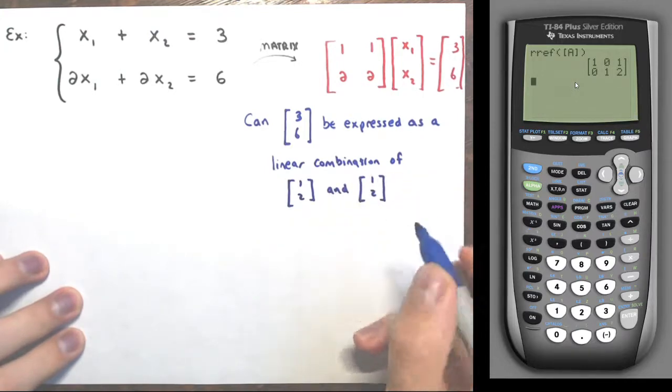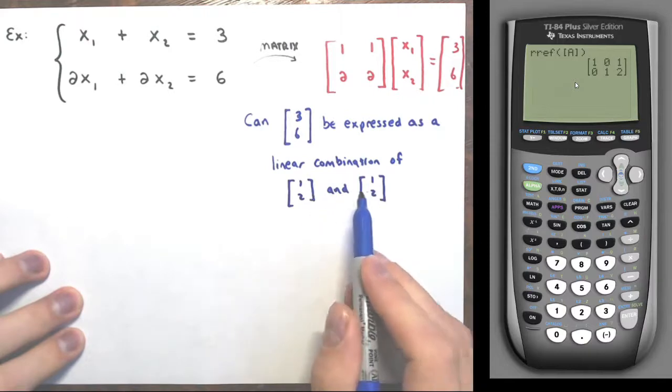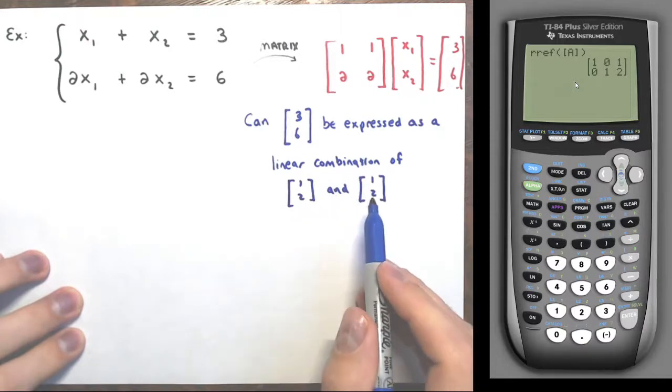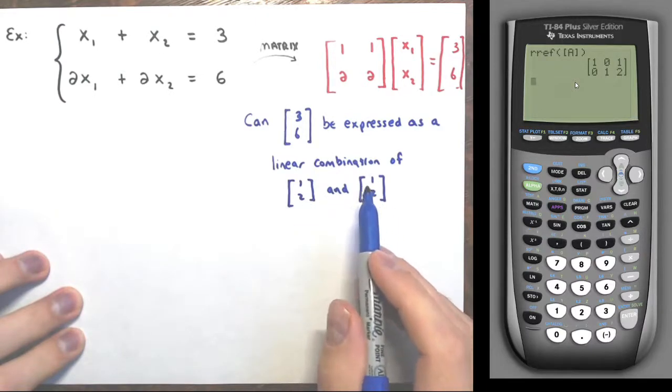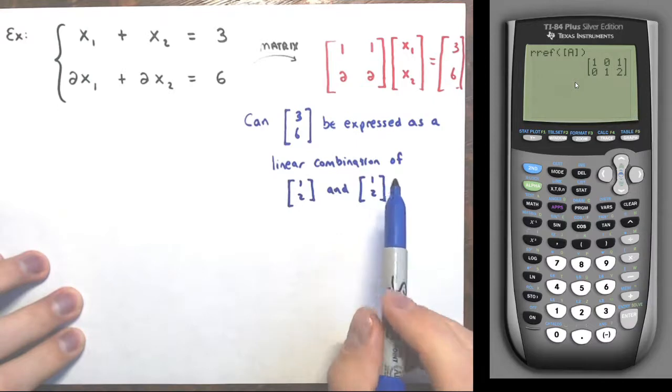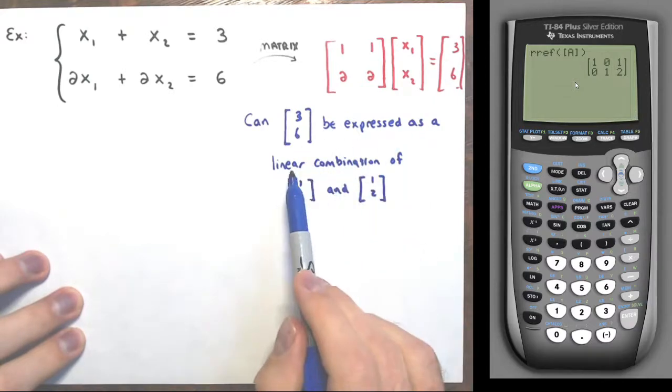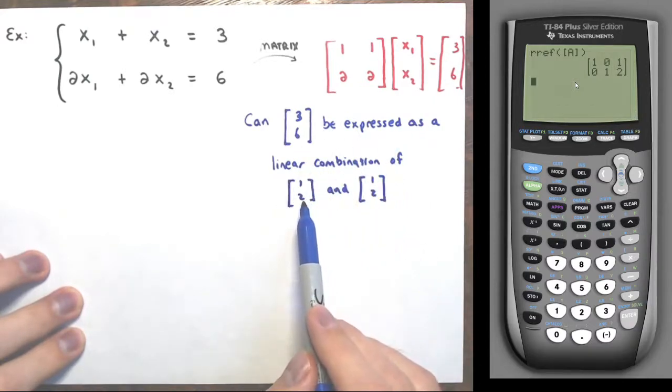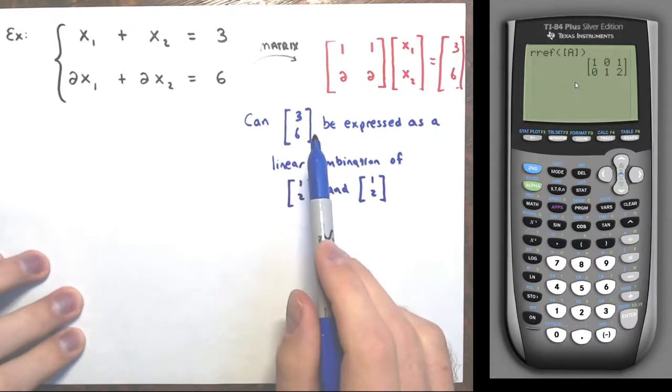Now I know you're thinking, hey, these are the same thing, so it's kind of silly to say both. Because if they're the same vector, really, you don't need to repeat it. So can 3, 6 be expressed as a linear combination of just 1, 2, or basically a scalar multiple of 1, 2? And yeah, if I multiply this by 3, I get this.